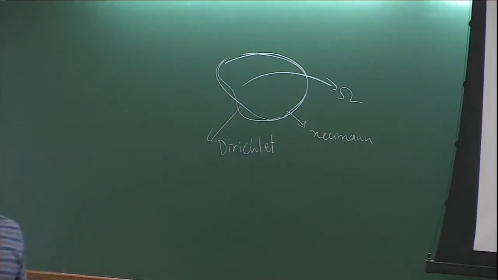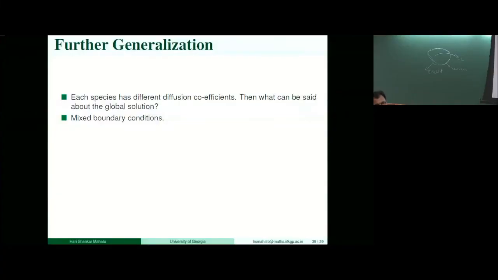This is what I mean by mixed boundary conditions. Then the regularity of the solution will be lost, and the maximal regularity technique would not work in such situations. So what can we say about the existence of solution? How can we generalize the concept of maximal regularity to have existence of solution?